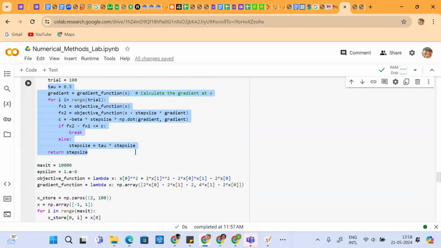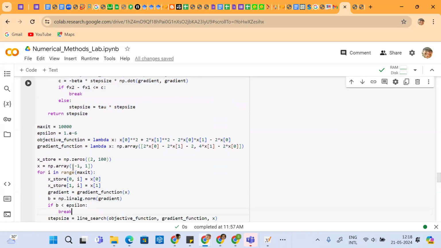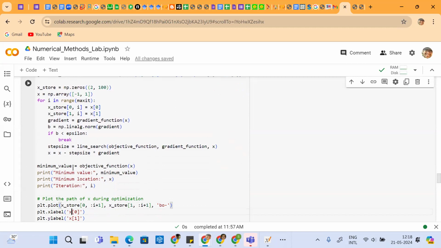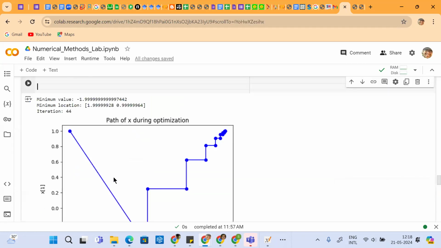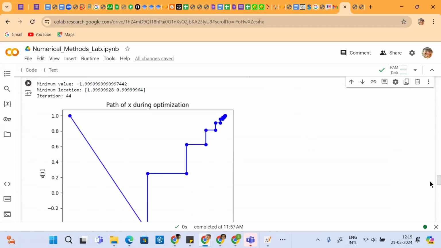This is where we have added the Armijo condition, and the rest of the code is exactly the same as the previous one with constant step size. So we took the same code but applied the Armijo condition. With only the Armijo condition, see how nicely it converges. We started from here, and it takes only 44 iterations. How it is going, I'll explain to you.